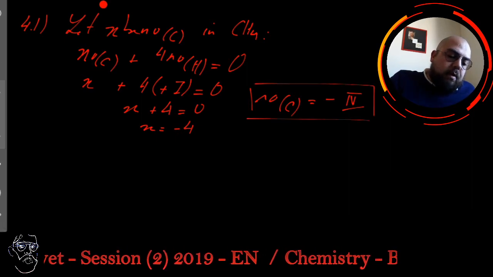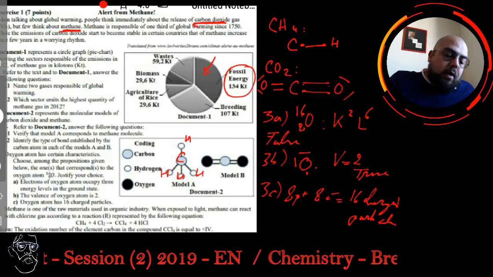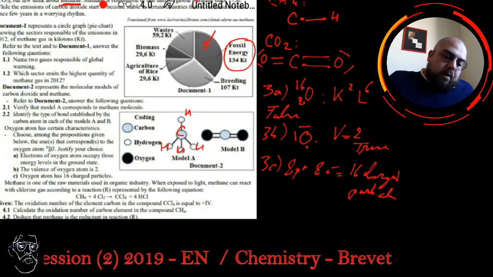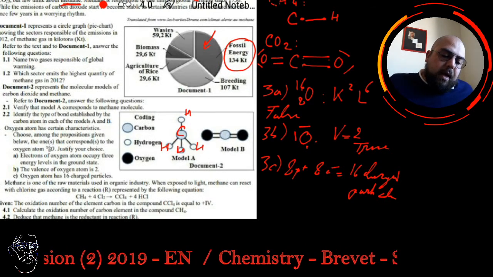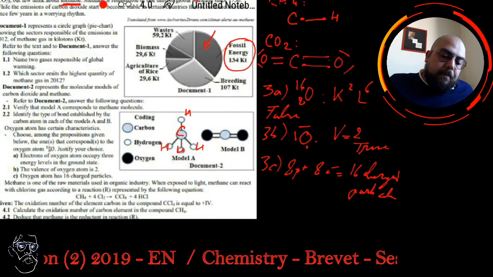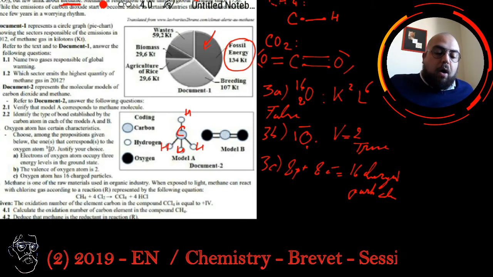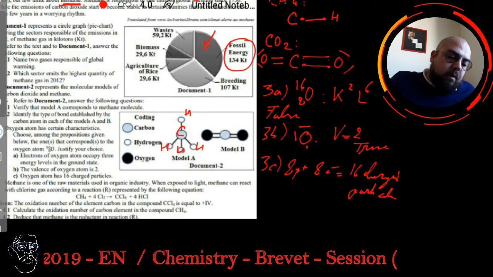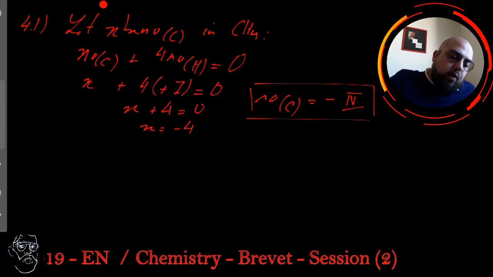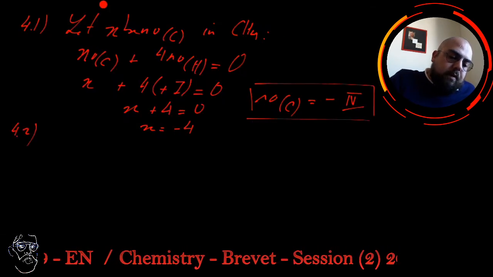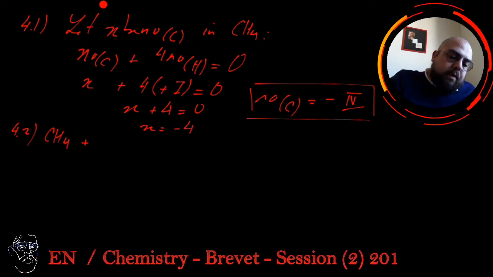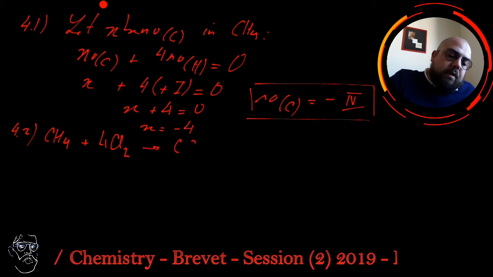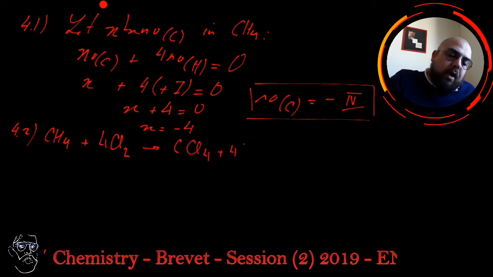Now what about the last question? We have to deduce that methane gas is the reductant in reaction R. So I will write down the reaction: CH4 plus 4Cl2 gives CCl4 plus 4HCl.